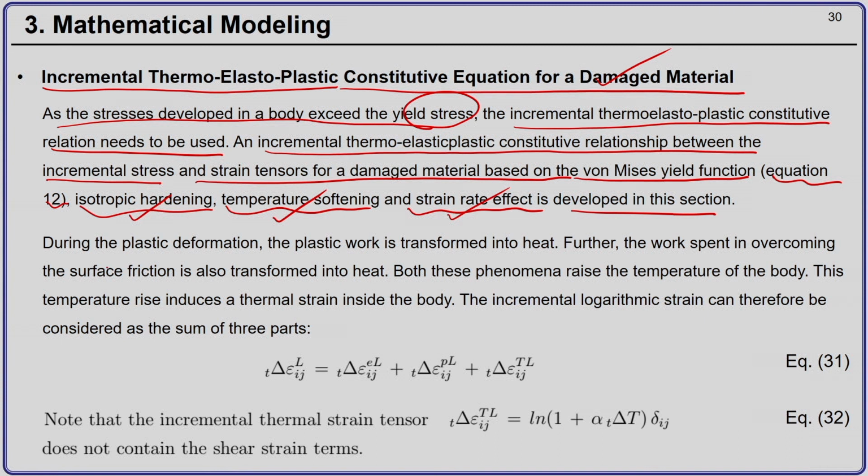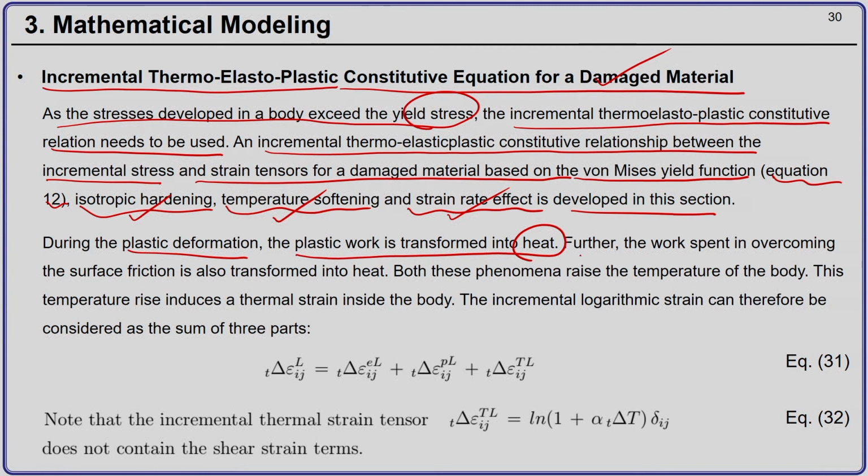Now, during plastic deformation, the plastic work gets transformed into heat, and you would also have noted this whenever you bend a metal strip repeatedly, up and down, then if you touch the bent zone, you will see that it has got heated up, and this is because the plastic work is getting transformed into heat.